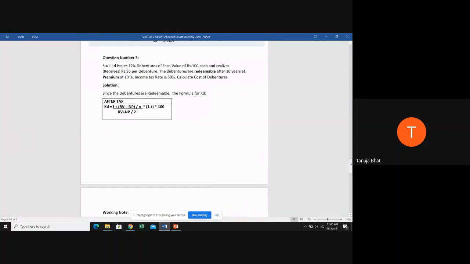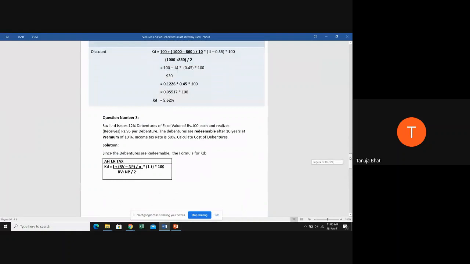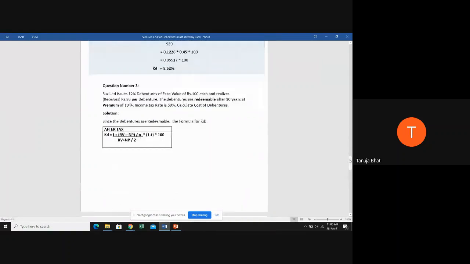So is this solution clear to everyone? Yes, students? Yes, ma'am. Okay, now I will just make a change in this particular problem. Suppose this sentence was, the debentures are redeemable after 10 years at a discount of 10%.